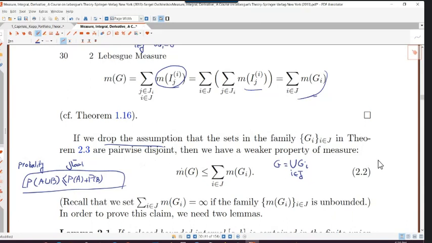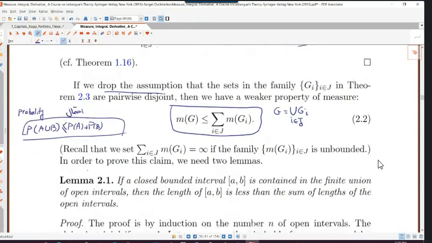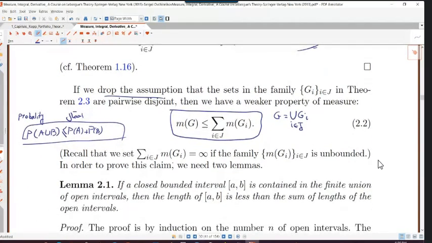So finally we have this inequality: M of G is less than or equal to the sum of M of Gi where i belongs to I. Recall that the sum of M of Gi is infinity if the family M of Gi, where i belongs to I, is unbounded.